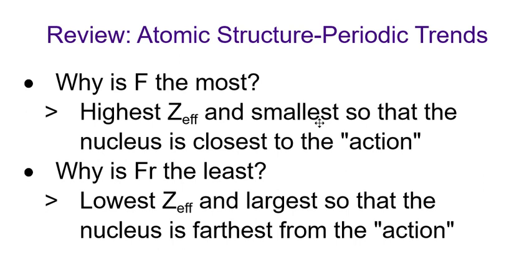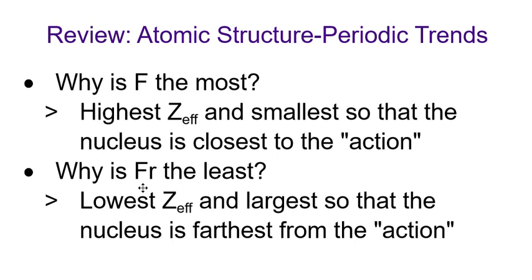So that's why the nucleus is closest to the action. It has the highest Zeff and can get the closest to whatever else it's trying to attract. Francium is the exact opposite. It's only a +1, because if you subtract all of its core electrons, there's only one proton left. So it also is the largest.